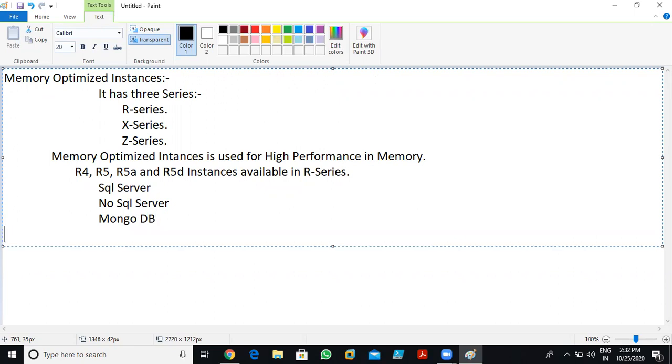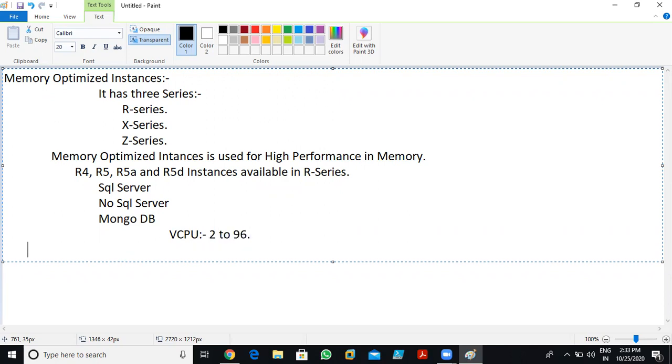Now we talk about the processors. In one instance, we talk about virtual CPUs. You can use 2 to 96 virtual processors in one instance, in one VM. Next, the RAM: we can go for 16 GB to 68 GB of RAM in this.